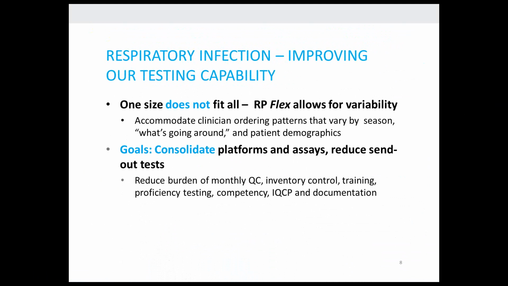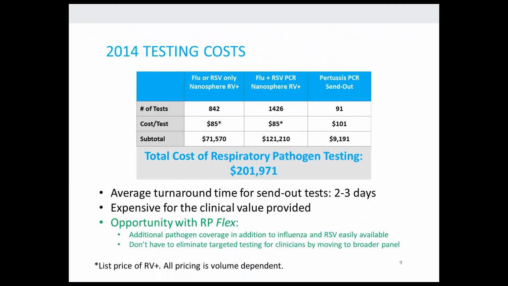It's easier to train if you just have one platform. Your proficiency testing is easier to coordinate. Competency is easier to monitor. And all of us have worked with the IQCP and our documentation. And all of this is easier if you have consolidated your platform.